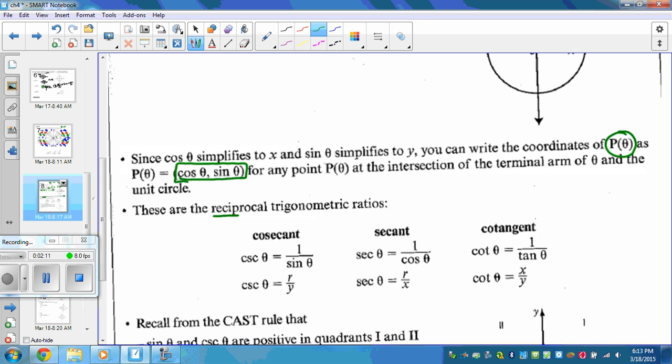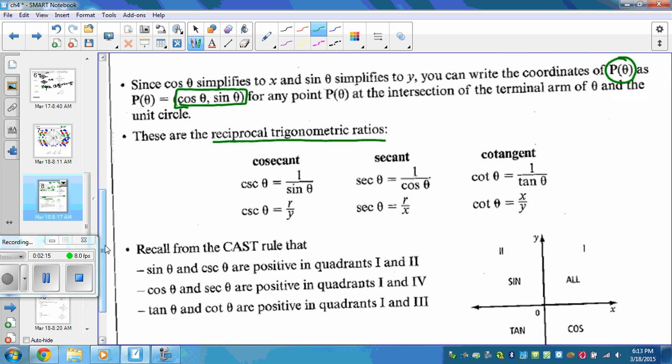We also have something called the reciprocal trig ratios. Cosecant is the reciprocal of sine. Because it's the reciprocal, we could just say cosecant is 1 over y. Secant is related to cos. I remember that because secant and cos, they're reciprocals, they have similar letters.